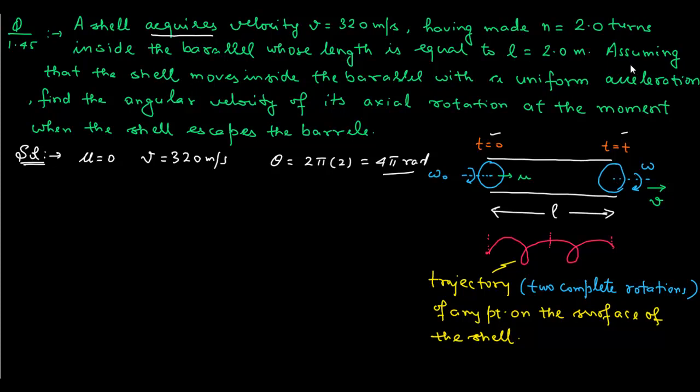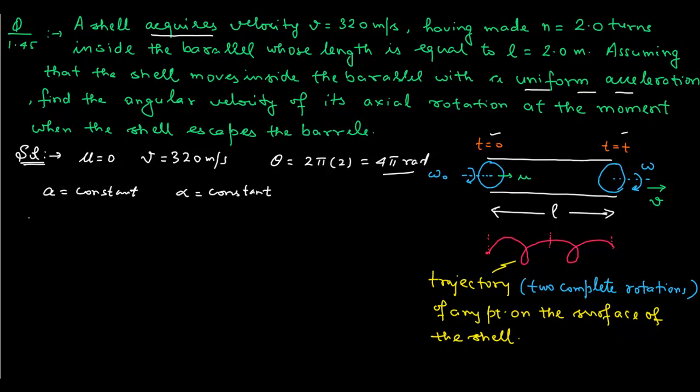Also it is given that we have to assume the shell moves inside the barrel with a uniform acceleration. Clear? Now this is a very important assumption in order to solve this question, as the shell is rotating about its axis as well as translating. So we are assuming that the translational acceleration a is constant, and the angular acceleration, say alpha, is also constant.